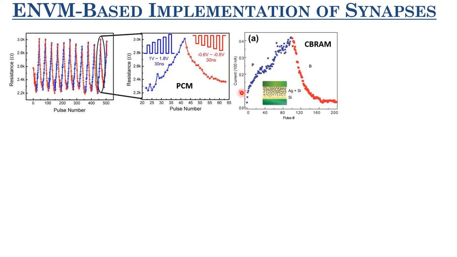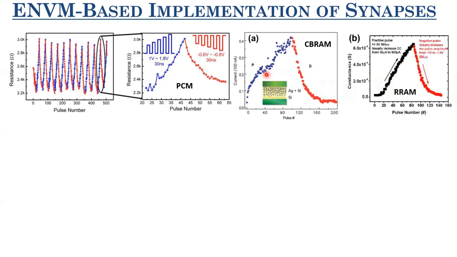So the best part about CBRAMs and RRAMs is that they don't require an increasing amplitude kind of pulse for potentiation or depression. Even for RRAM, you can apply the same kind of pulse, and you can see that the conductance increases, and similarly the conductance decreases.